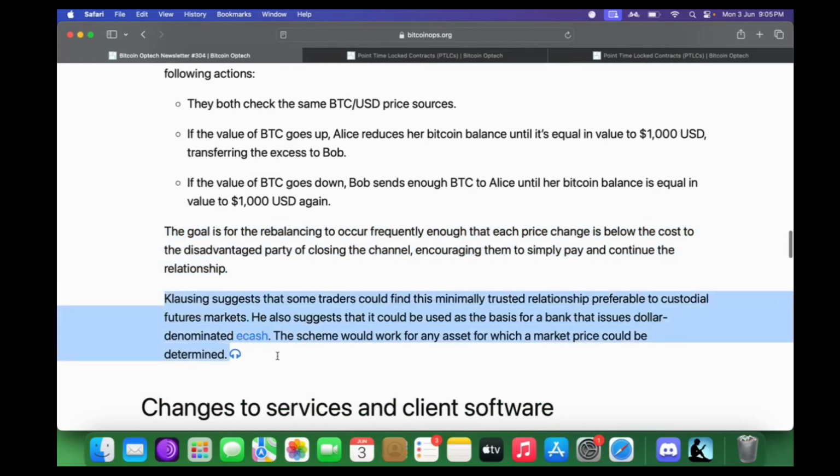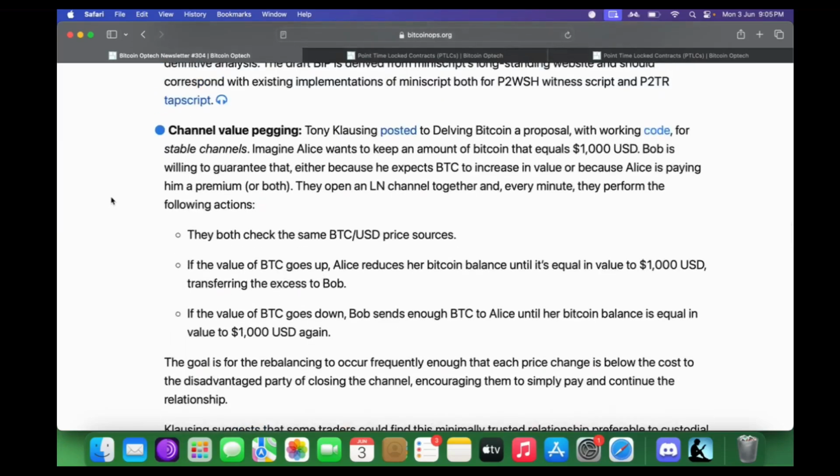Clausen suggests that some traders could find this minimally trusted relationship preferable to custodial futures markets. He also suggests that it could be used as the basis for a bank that issues dollar-denominated Vcash. The scheme would work for any asset for which a price could be determined. Anybody like to summarize?